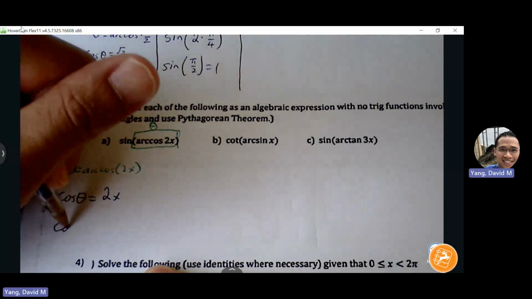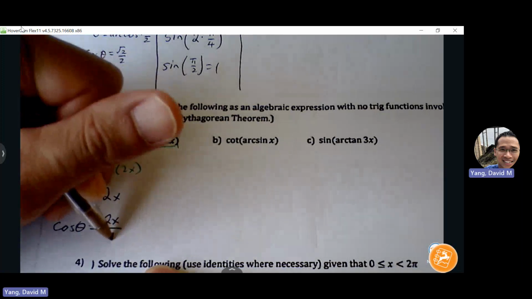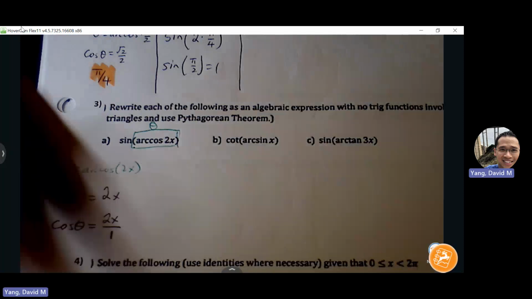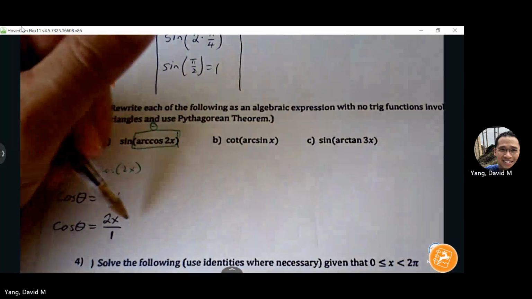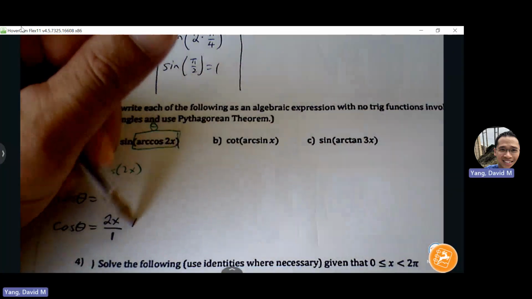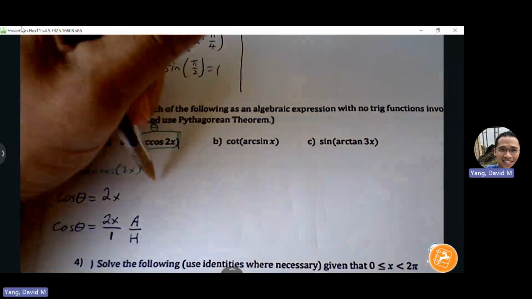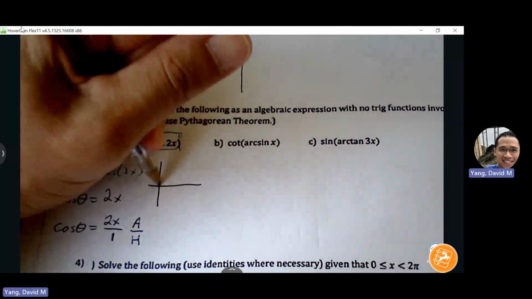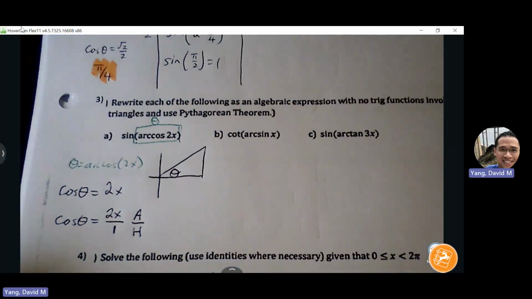Now I'm going to rewrite this as cosine equals 2x over 1, so we can clearly see the trig ratio involved here. So cosine, SOHCAHTOA, cosine is what? Which side? Yep, adjacent over hypotenuse. Okay, so we're going to draw a triangle in the first quadrant. And we're going to label the sides with the variables involved. Okay, so where's the 2x going to go?